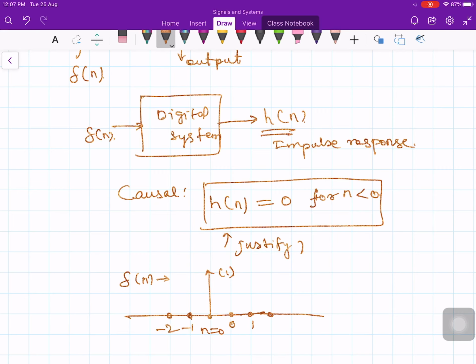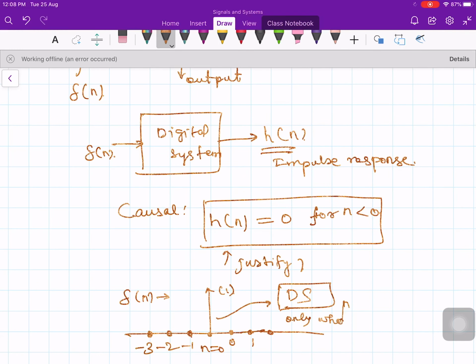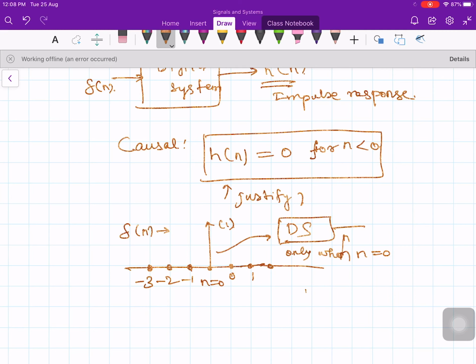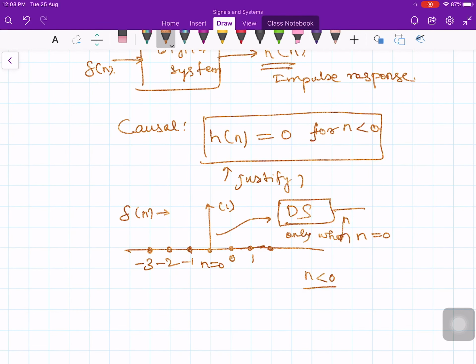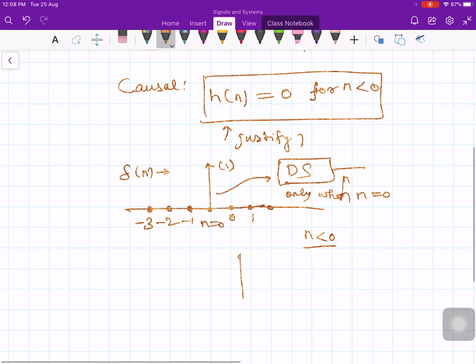and so on. That means what? The input is applied to the discrete time system only when n equals 0. So therefore, when n less than 0, there is no input to the system. If there is no input to the system, then how can you expect an output, right? The input is applied only at n equals 0.